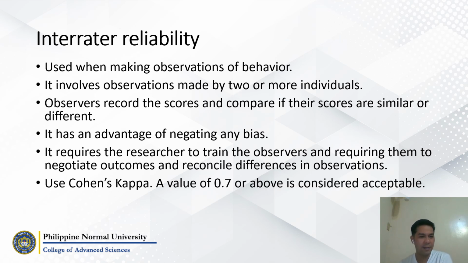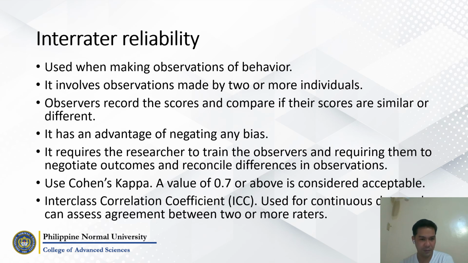So for interrater reliability, you can use Cohen's kappa and a value of 0.7 or above is considered acceptable.